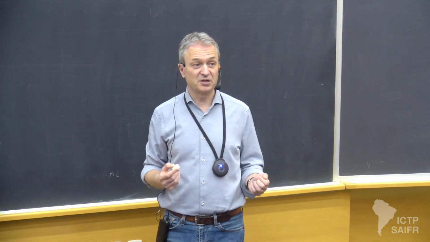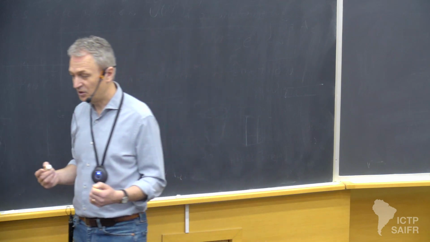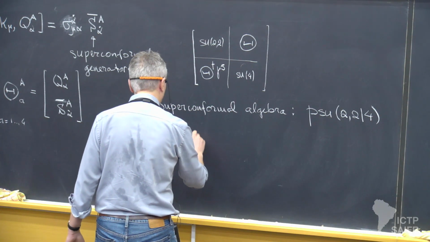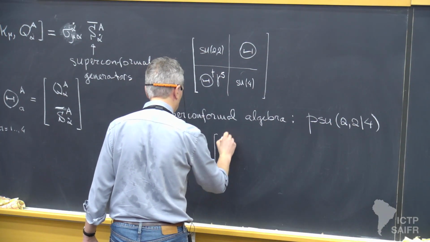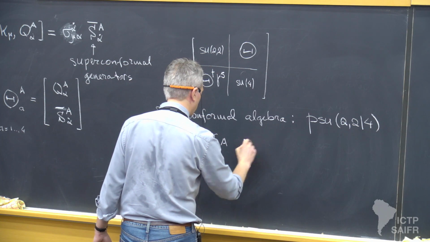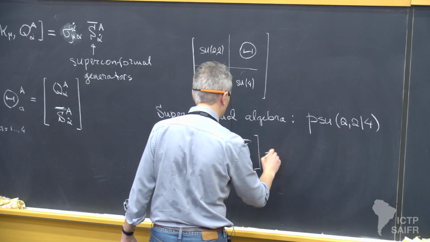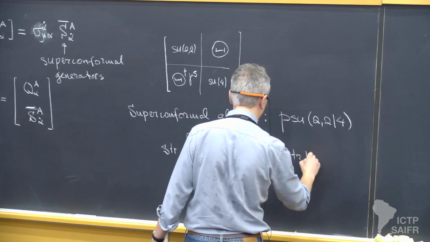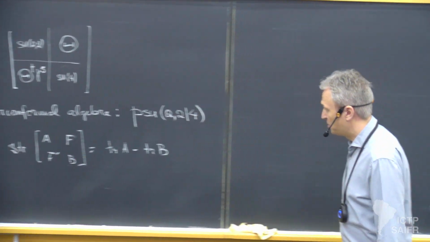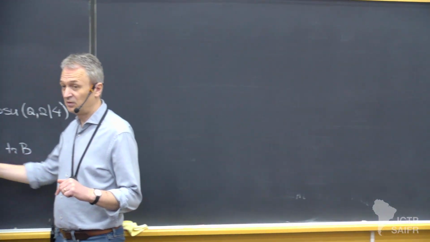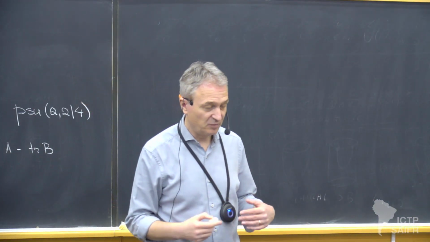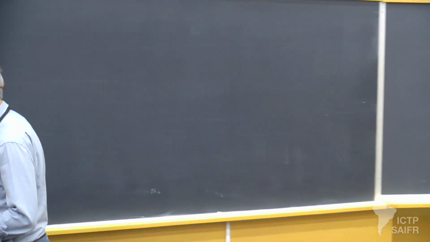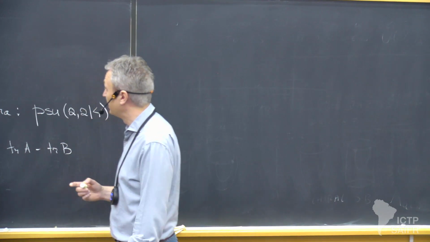But for supermatrices, the natural generalization of trace is the supertrace. If you have a matrix that has bosonic and fermionic blocks, then the supertrace is defined as the difference between the traces of A and B. One can show that this combination is invariant under commutation relations, because there are also fermionic elements, so there is a minus sign here.